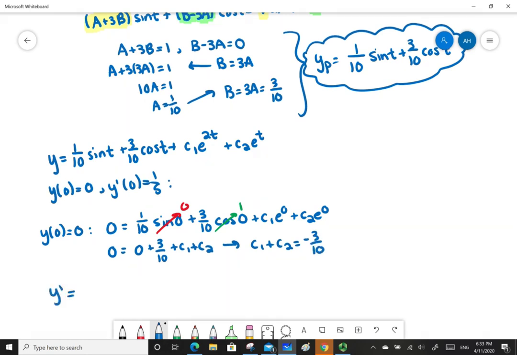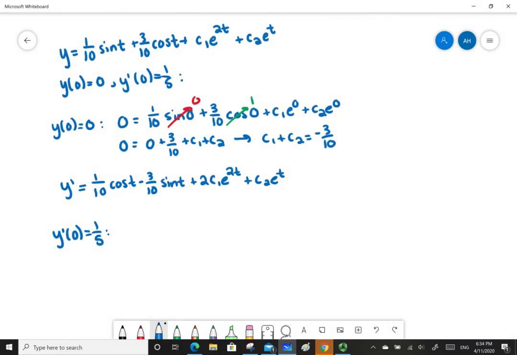y prime equals 1/10 cosine of t minus 3/10 sine of t plus 2c1 e to the 2t plus c2 e to the t. So since y prime of 0 equals 1/5, 1/5 equals 1/10 cosine of 0 minus 3/10 sine of 0 plus 2c1 e to the 0 plus c2 e to the 0.